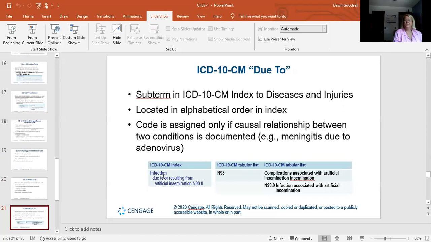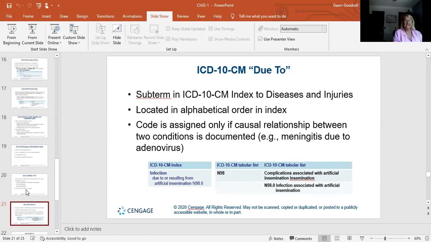So for example, if you go to infection and then it says due to or resulting from artificial insemination, there's a code, N98.0. In the tab section, you've got complications associated with artificial insemination, N98.0, infection associated with artificial insemination. So that's what it's going to look like in your tab section.